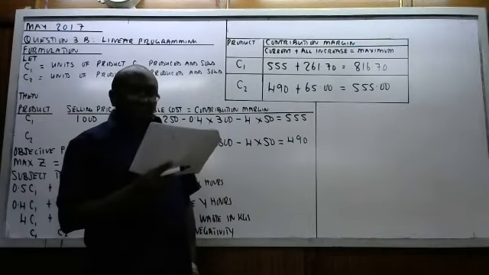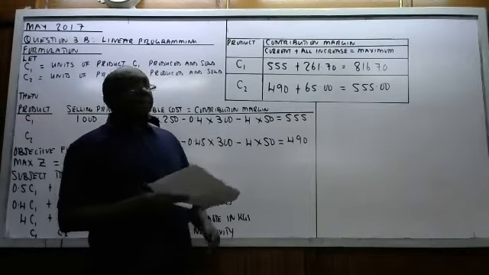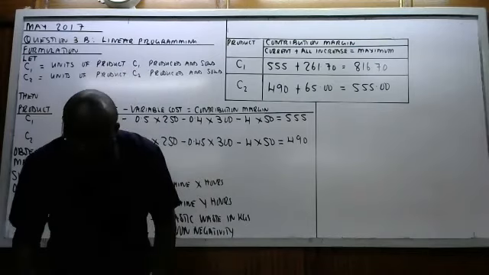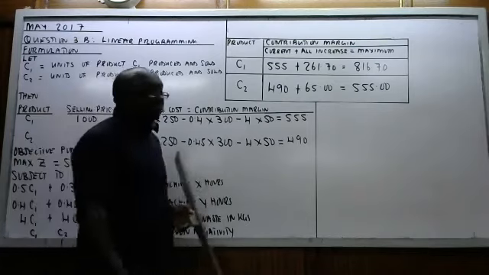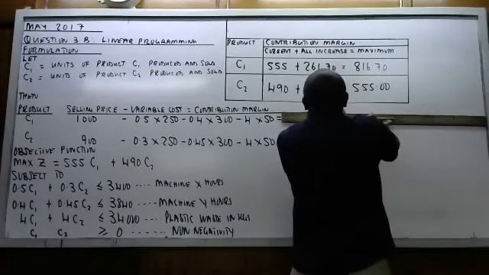Explain the effect on contribution of the availability of additional plastic wastes and machine time. So here we will arrange it like this.